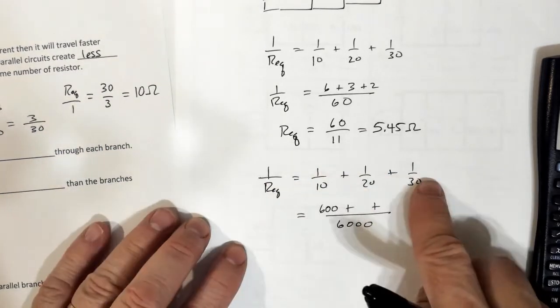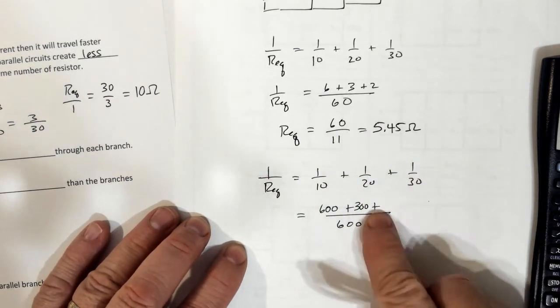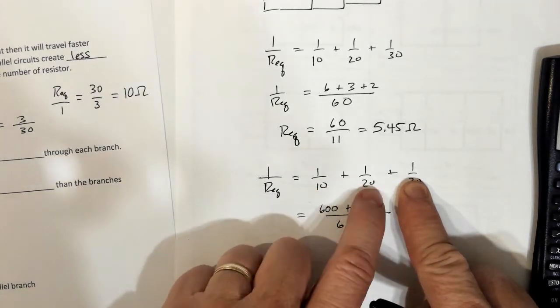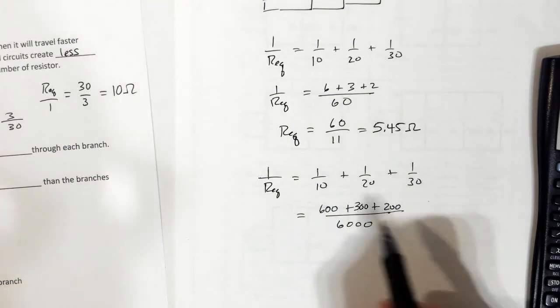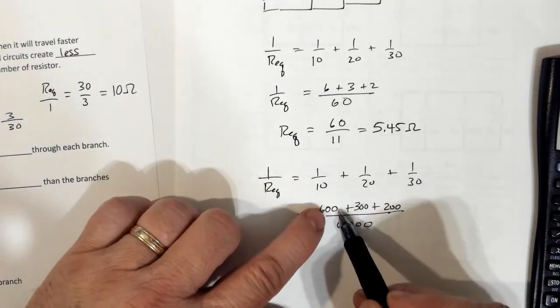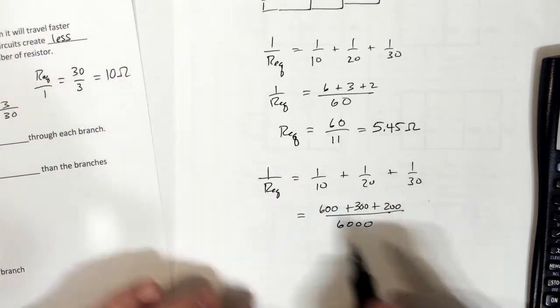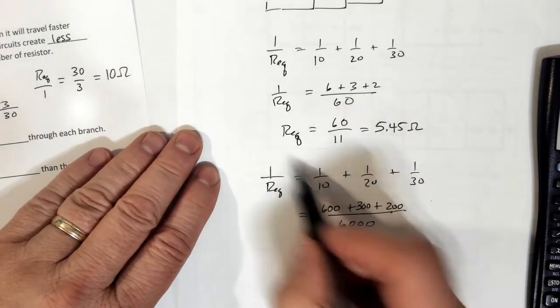Then where this one goes, I cover it, and I multiply these two. So 10 times 30 is 300. And then where this one goes, I cover the 30 and I multiply these together. 10 times 20 is 200. So you're just multiplying the other 2 numbers. And then you just take all the numbers and do the same thing we did up here.